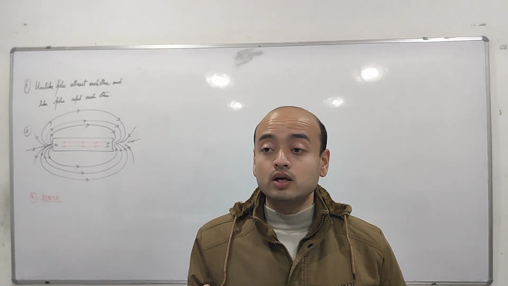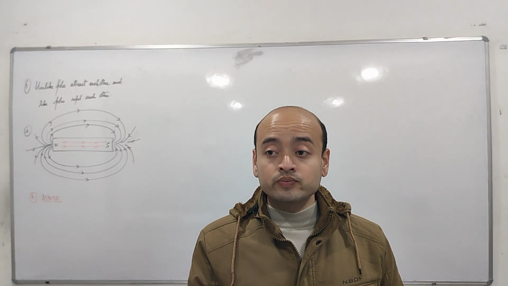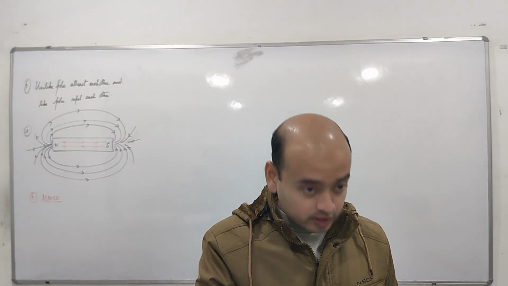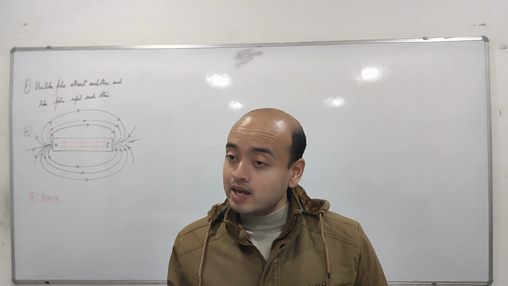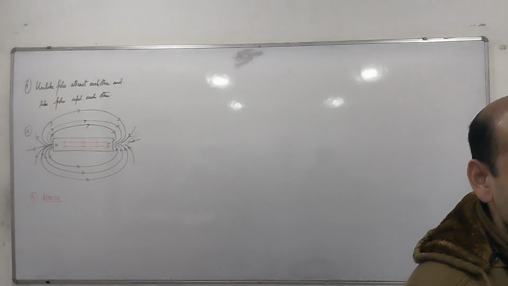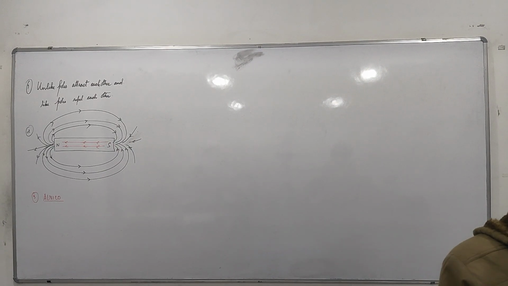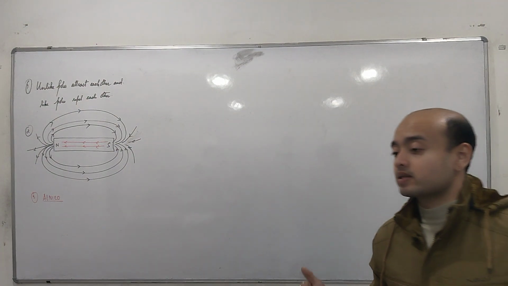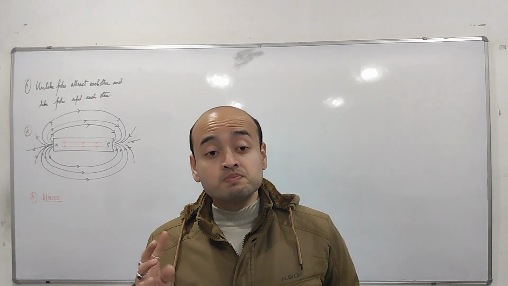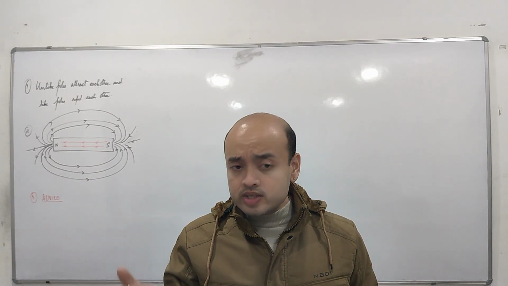You cannot increase or decrease the magnetic strength, nor turn off the magnetic effect. But in real-time applications, we need magnets which can be magnetized when we require and demagnetized whenever we do not require them. These are known as electromagnets. Not only can they be magnetized and demagnetized at our will, but their magnetic strength can be increased or decreased by doing certain things.